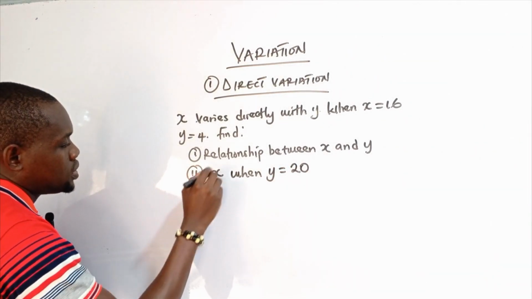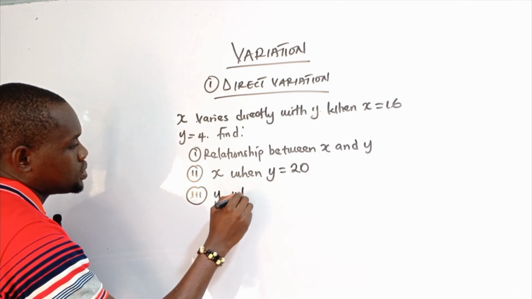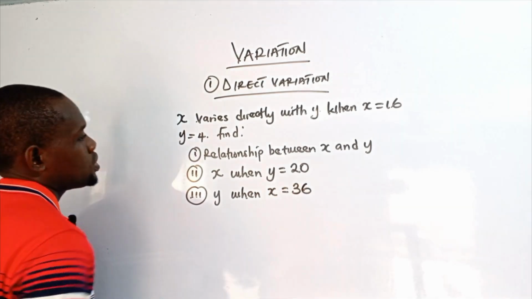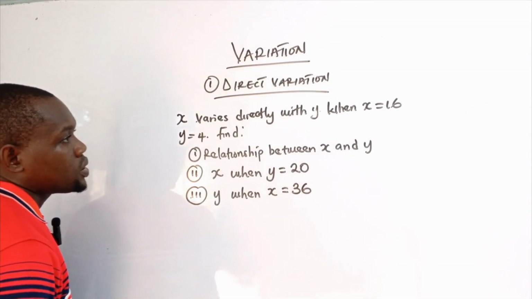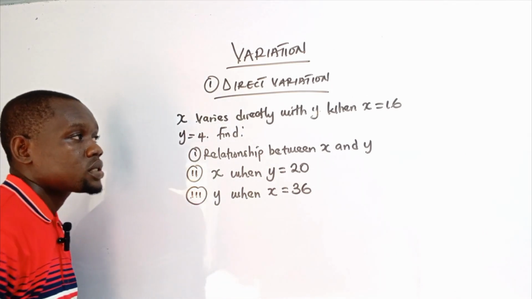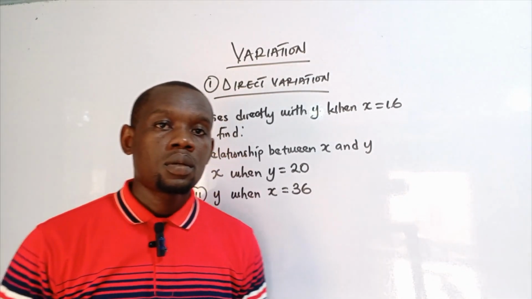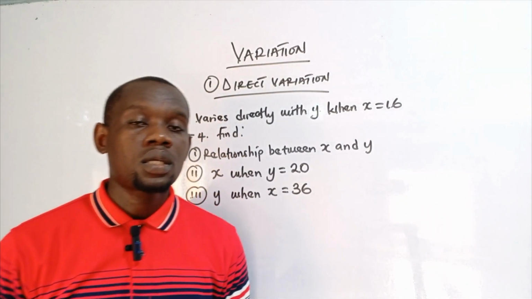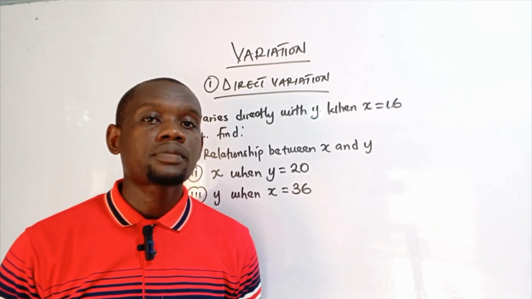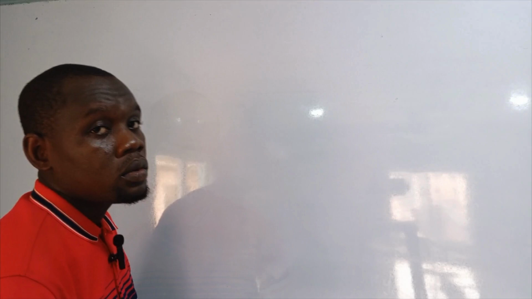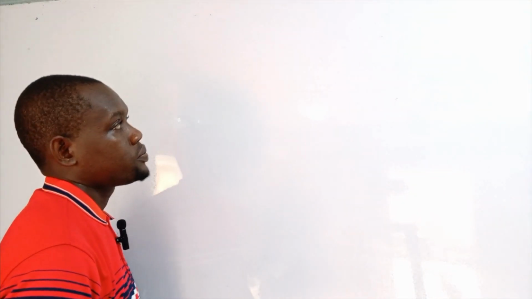And number 3 is y when x is equal to 36. So we are going to use this question on the board now to explain what direct variation is and how to solve questions on direct variation. Over to our question.